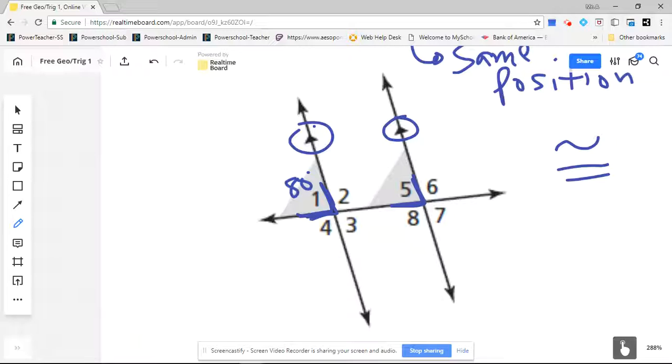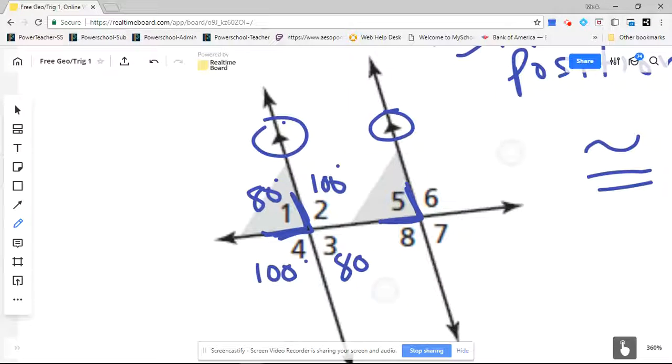Because the parallel lines, that means 3 is also 80. That means 4 is going to be 100 because they have to add up to 180 with 3, linear pair. This one's going to be 100. And because of the alternate interiors and correspondings and stuff, this one's also 80 then, and because the parallel lines. This one's going to be 80 down here, this one's going to be 100, and this one's going to be 100.